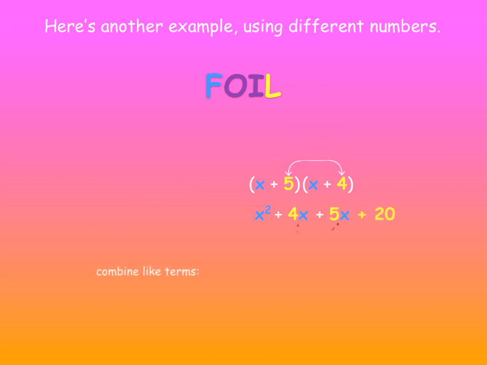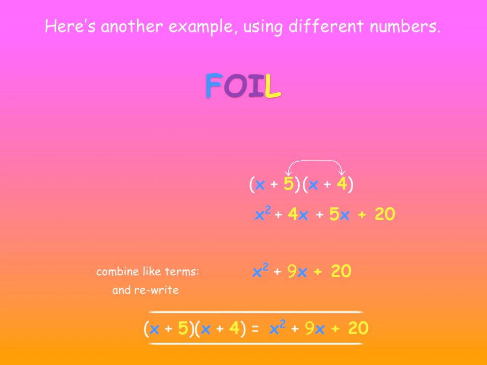Combine like terms, plus 9x. Rewrite the others. And we have x squared plus 9x plus 20. The whole equation, multiplying the binomials, that's x plus 5 times x plus 4 equals x squared plus 9x plus 20.